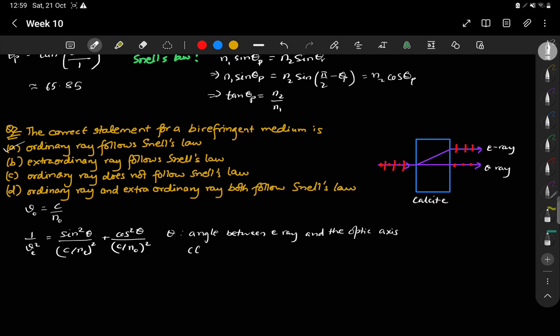And if this angle is 0, if theta equals 0, then the ordinary and extraordinary rays have the same velocity. That means along the optic axis, both the E ray and the O ray will have the same speed.